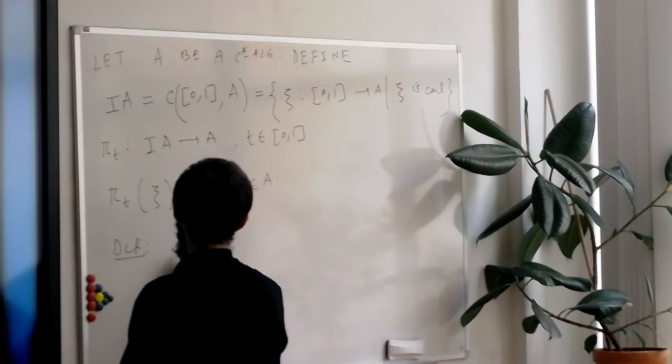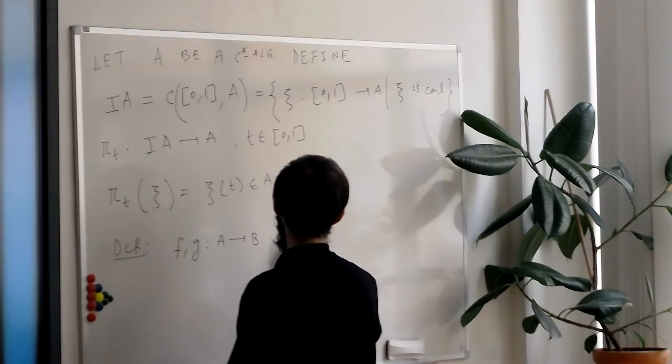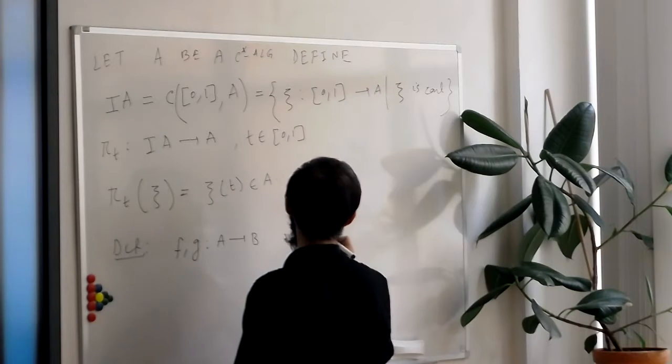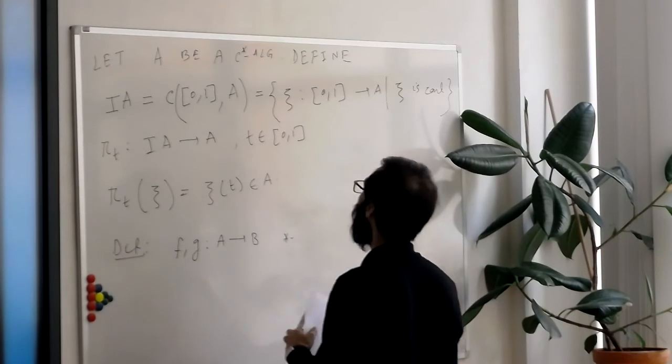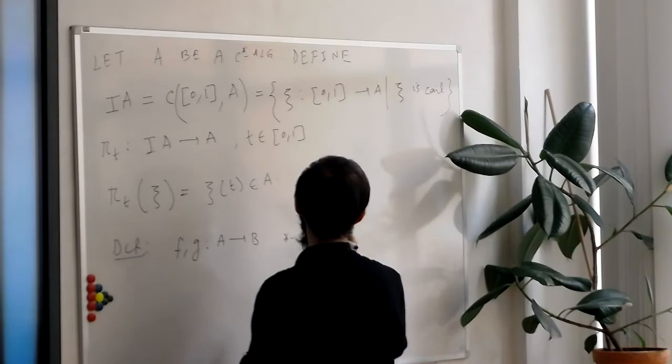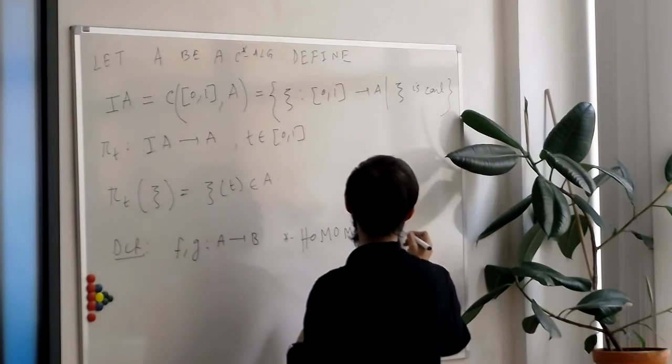Definition. Suppose we have two star homomorphisms.